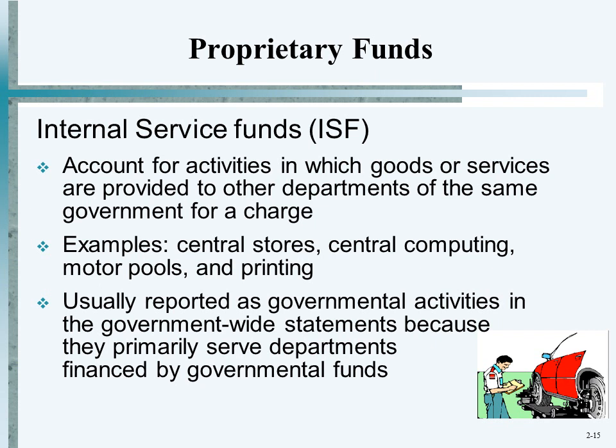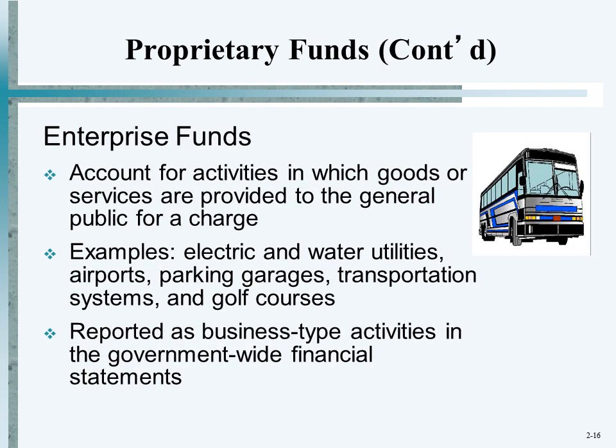This could be a print plant for a government, or a parking service, or a bus service for a government that services other departments inside the government. Again, central computing, printing. These are reported as governmental activities in the government-wide statements because they primarily serve departments that are financed by other government funds.